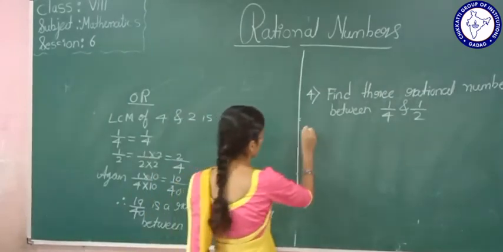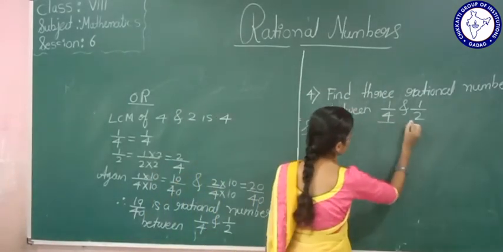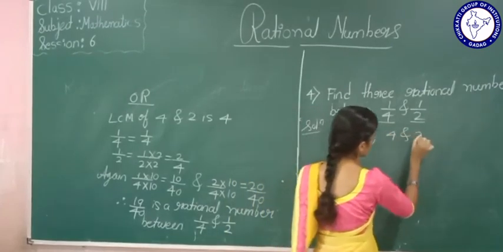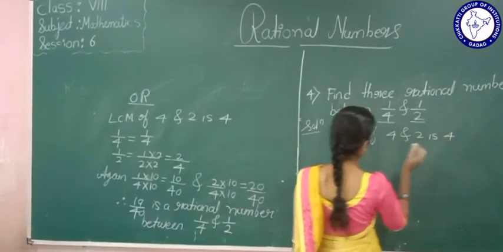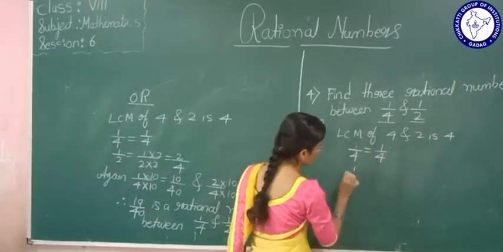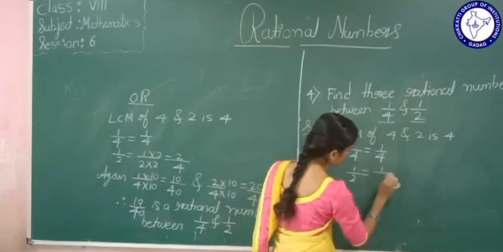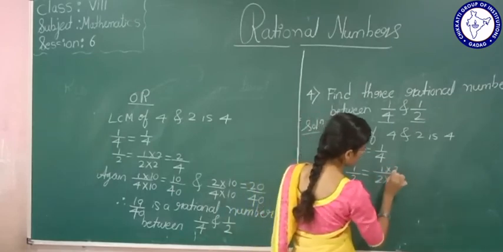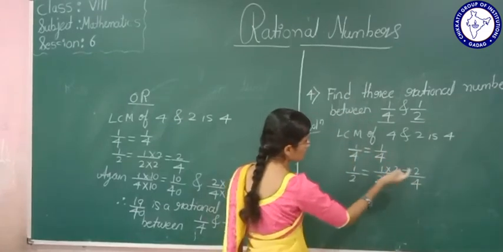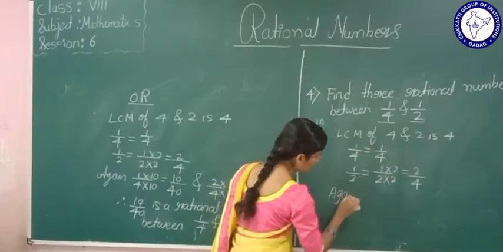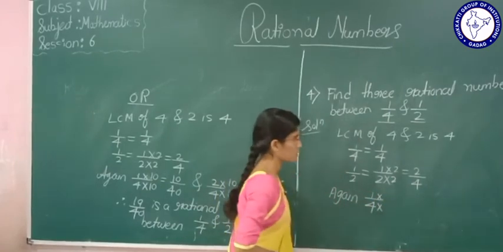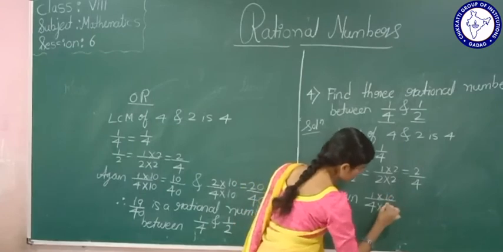Okay. So solution: here the denominators are not the same. LCM of 4 and 2 is 4. Okay, 1 by 4 is nothing but 1 by 4. 1 by 2, make the denominator the same. Is there any rational number here? No. Again, multiply by any number. I'll multiply by 10 only.